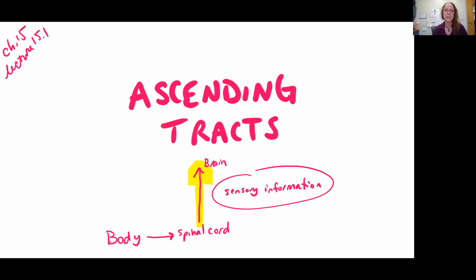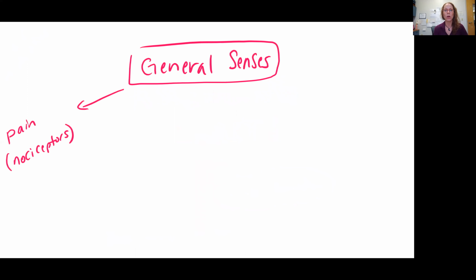As we talk about ascending tracts, we are talking about sensory information, and we're going to be focusing specifically on general sense information. General senses are those sensations that are collected by specialized receptor cells or maybe even free nerve endings.